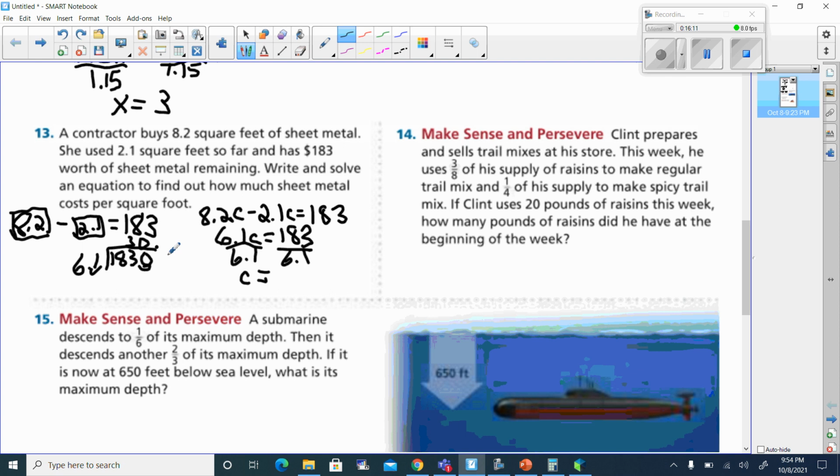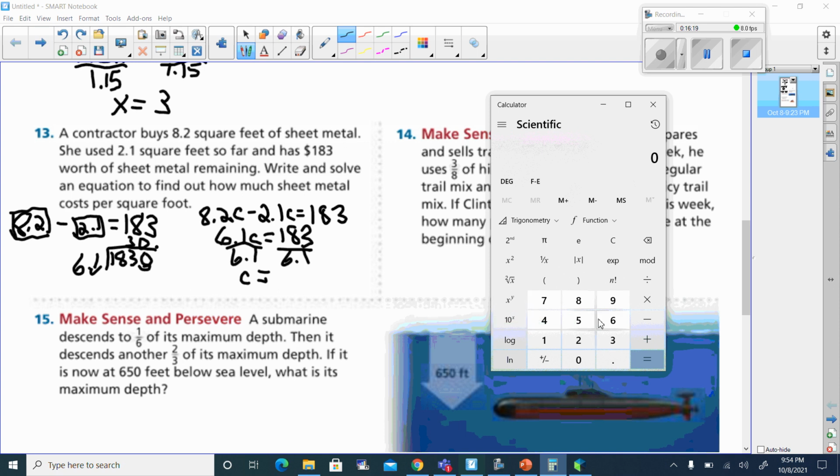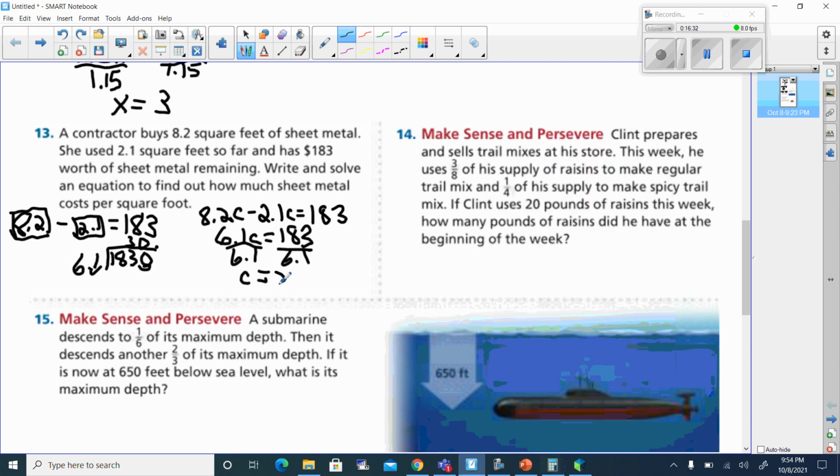I'm going to make sure with the calculator, I'm almost positive I'm right. 61 times 30 will give us 1,830. There we go. So the cost per square feet should be $30 per square feet. All right.